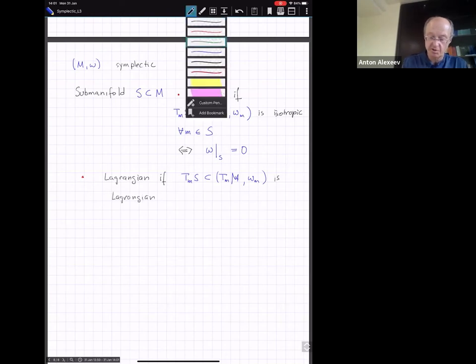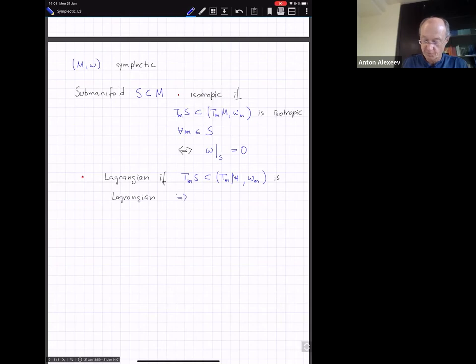And this is now equivalent to two facts. Again, of course, omega should be vanishing on S. And in addition, the dimension of S should be the dimension of M divided by 2, because that was exactly what was happening at the level of vector spaces.